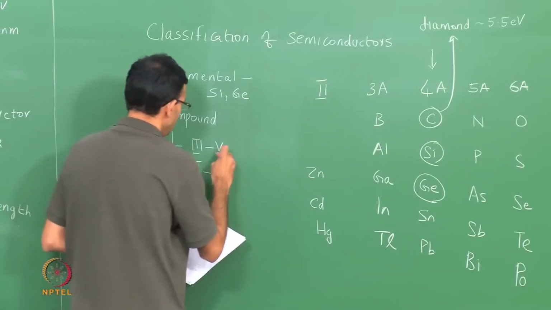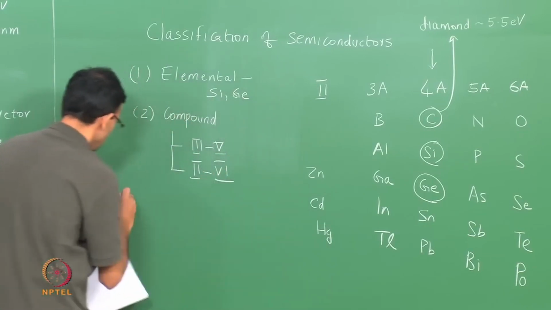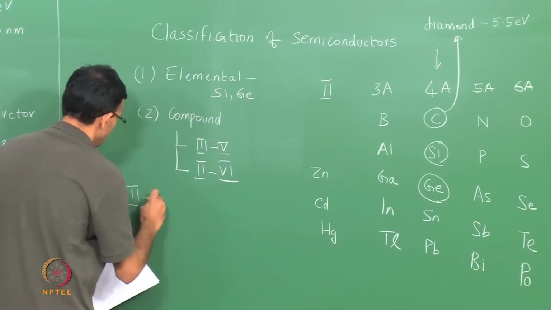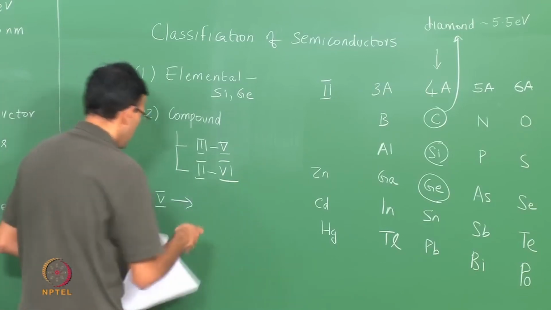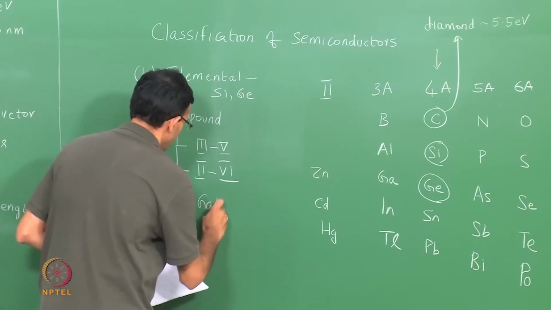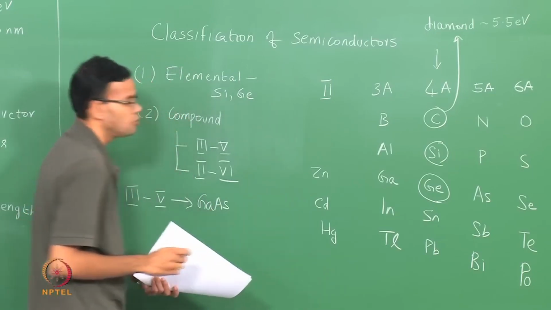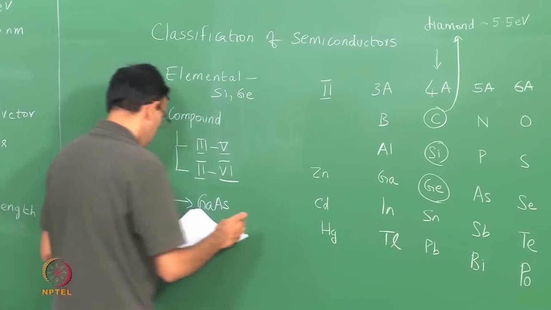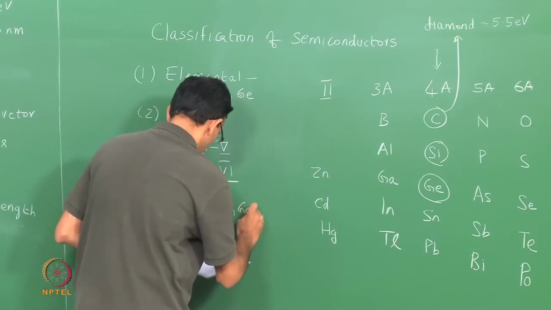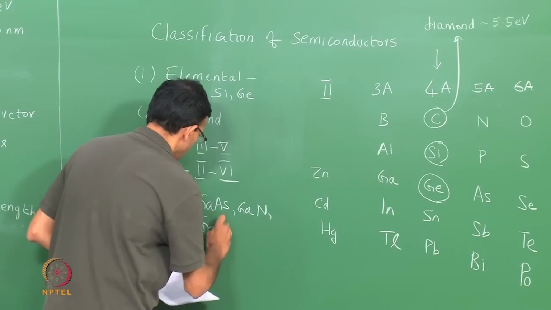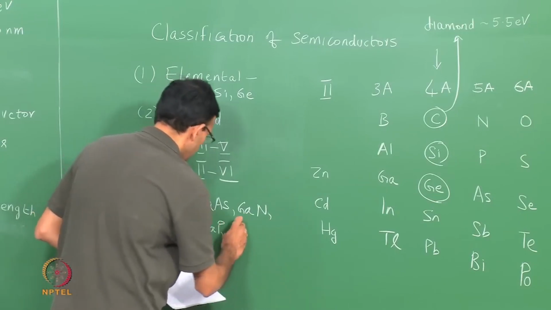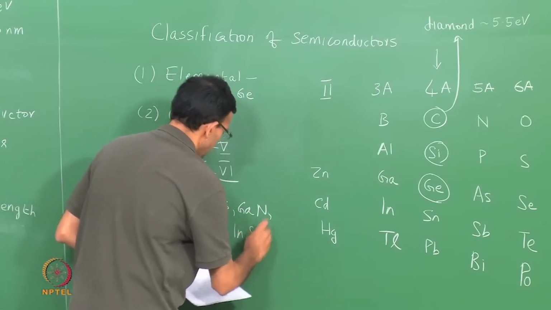So, some examples of 3 5 and 2 6s. You can have gallium arsenide, which is the most dominant compound semiconductor, gallium nitride, gallium phosphide, indium antimonide, and so on.